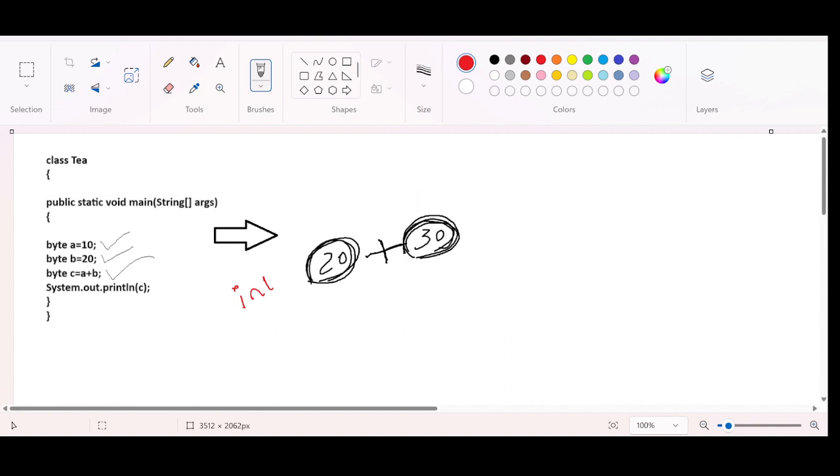But we did the opposite. We are trying to evaluate an addition operation by choosing two values. In our case, one value is 10, the second value is 20.